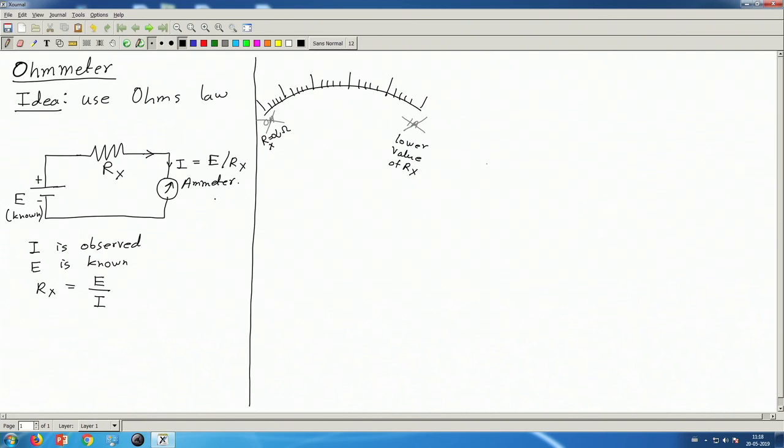This side should have higher value of Rx and this is actually infinite, because that means open circuit, Rx is open. That means we remove Rx from here. So then this point will indicate Rx equal to infinite.